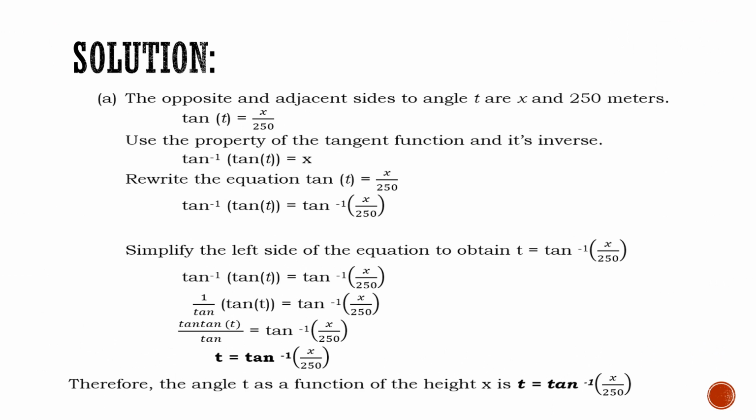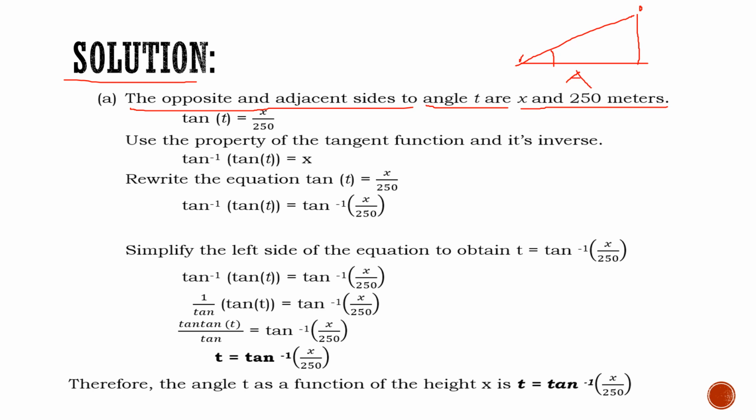So for our solution here, the opposite and adjacent sides to angle t are x and 250. So if this is your triangle, if this is your balloon and this is Dennis, and this is your angle, this will be your adjacent side and this will be your opposite side.